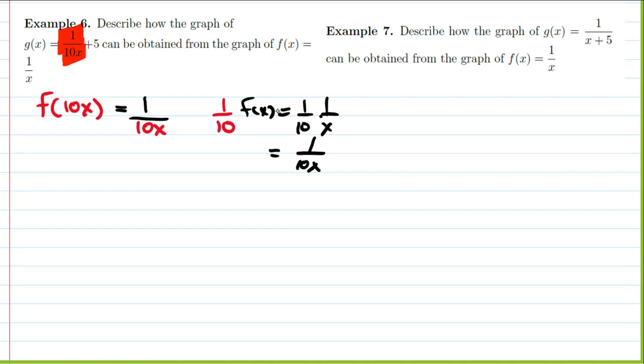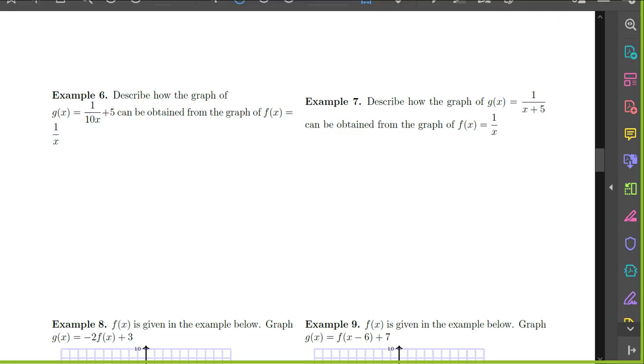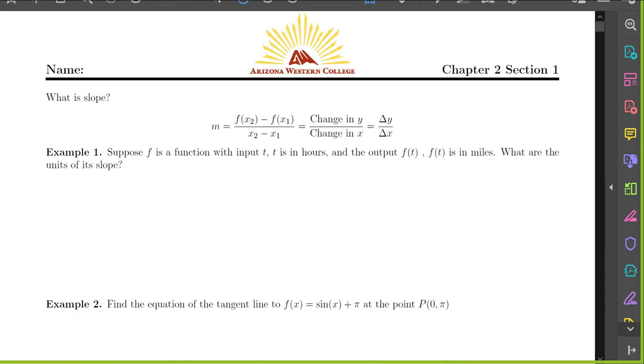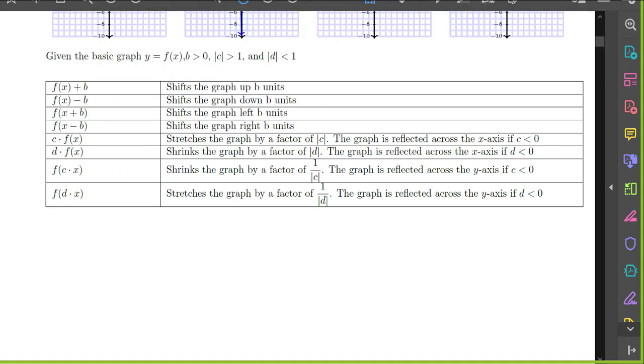Then, for either of these, if we look at our handout now, we'll see if we do the 1 over 10 times our function, well, 1 over 10 is less than 1, so that would put us here. It's going to shrink the graph by a factor of d, so it shrinks the graph by a factor of 1/10.